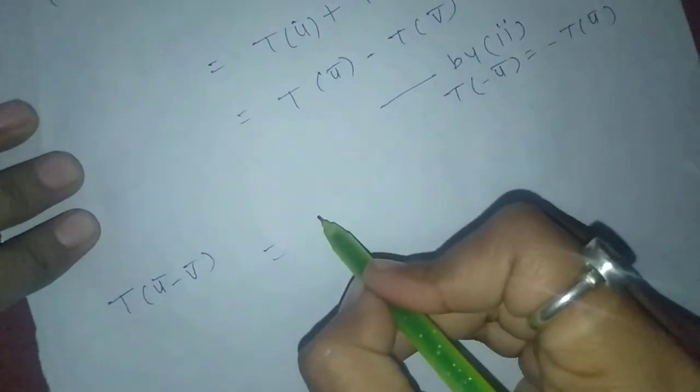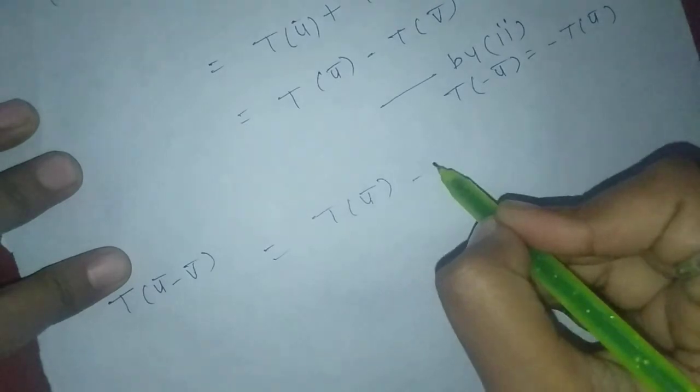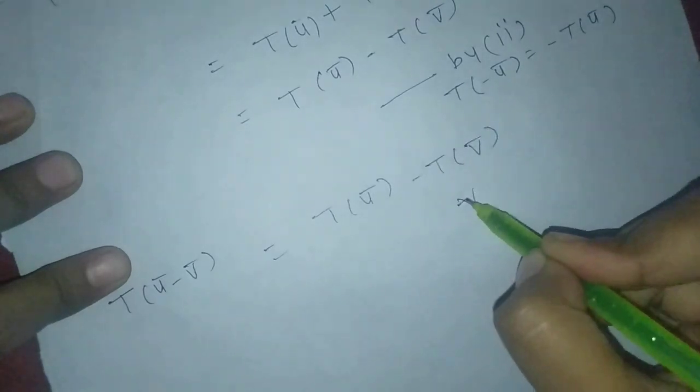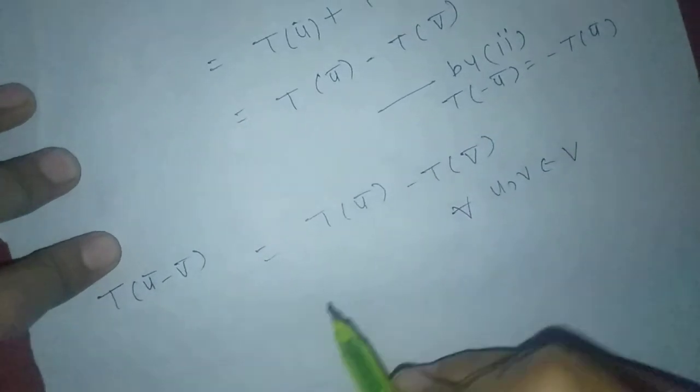So here we get T of U bar minus V bar equal to T of U bar minus T of V bar for all U, V belongs to capital V. Here we stop.